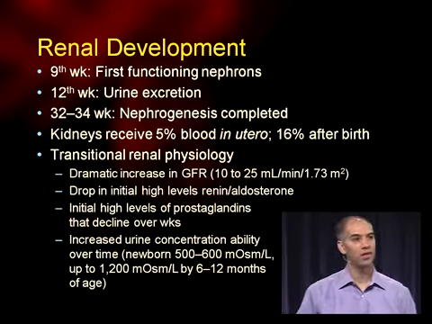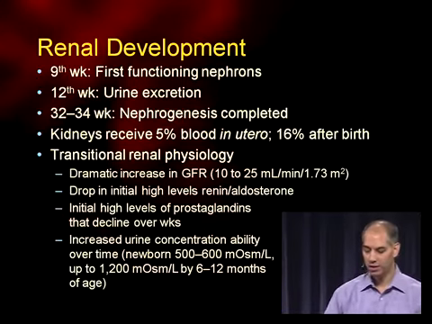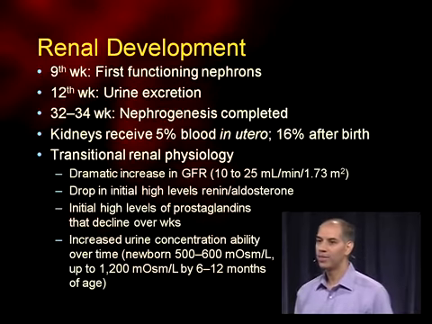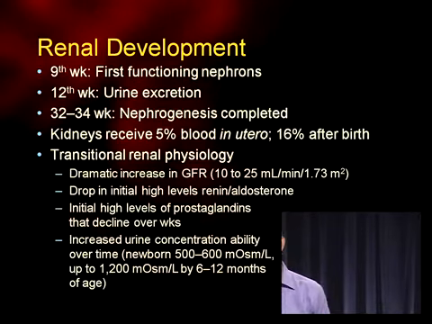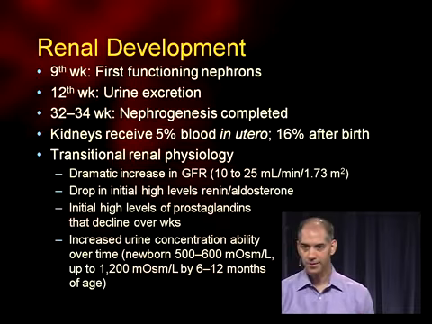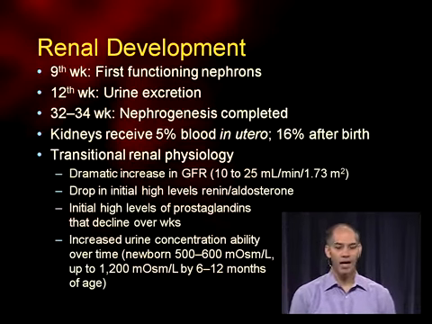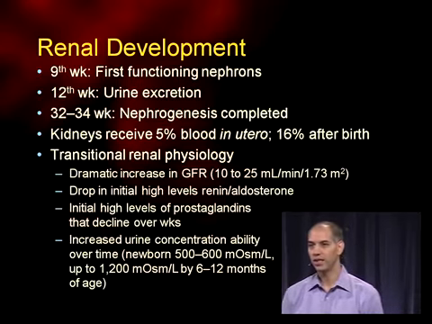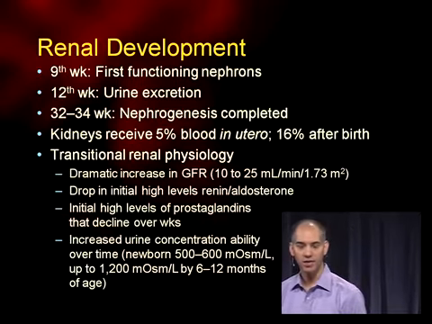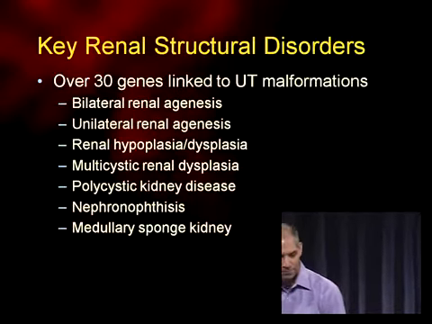There's a drop in the initial high levels of renin and aldo, and then finally increased urinary concentrating ability. Newborns can only concentrate their urine to about 400 or 500, maybe 600 milliosms. You and I and kids over the age of around a year can concentrate up to about 1,200 milliosms.